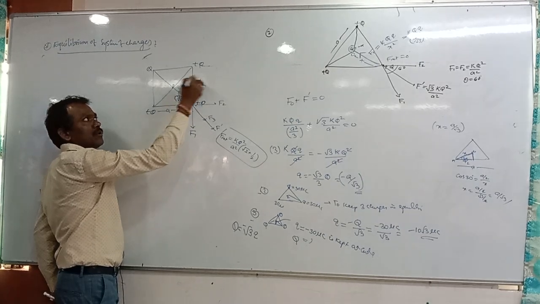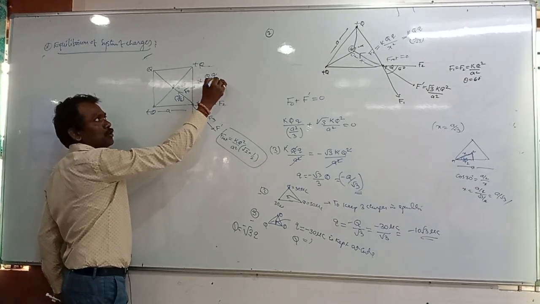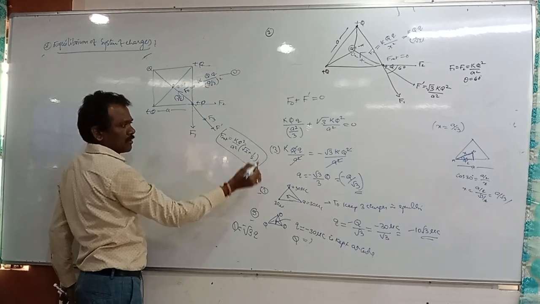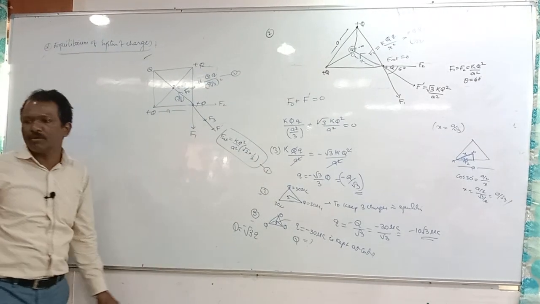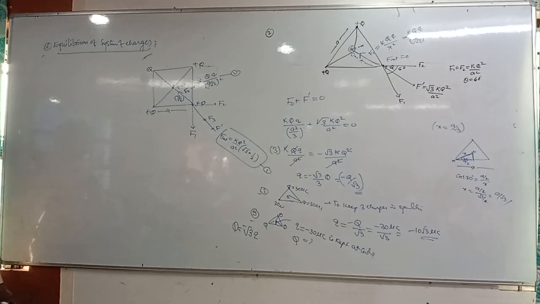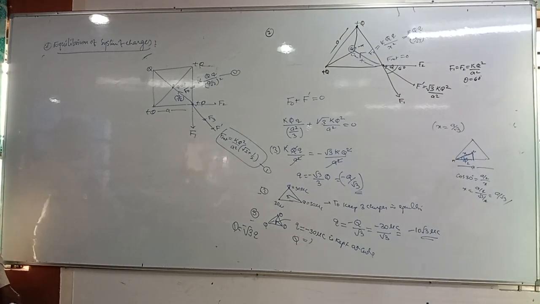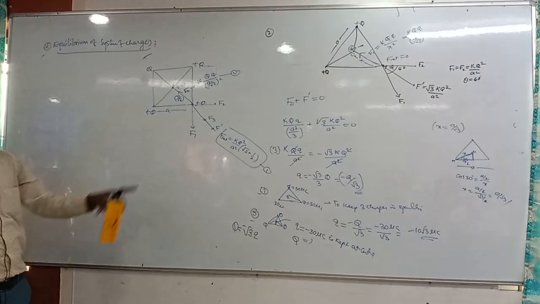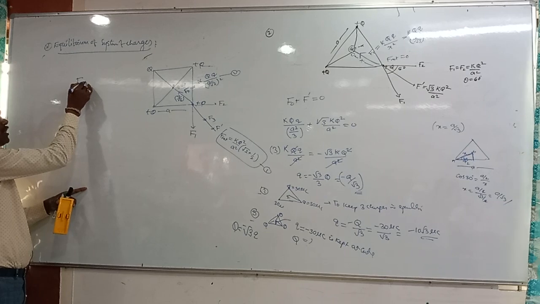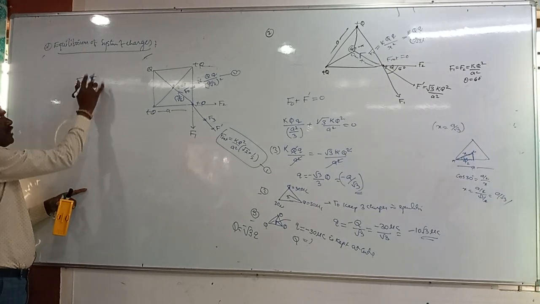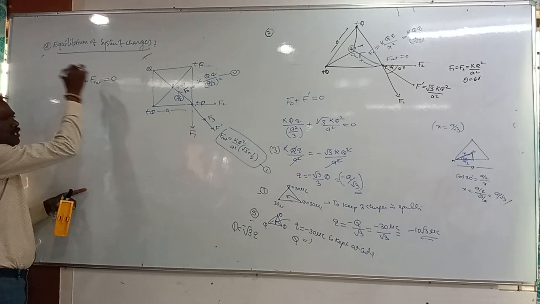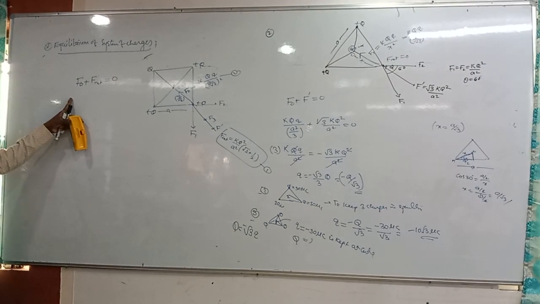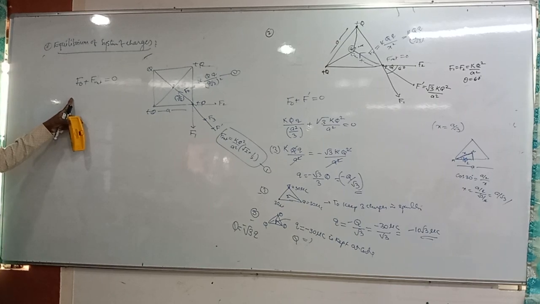K into Q into small q by A by root 2 whole square. Then calculate it now. Tell me the answer for the Q value. Similar to that, the sum of F naught and F dash, or F net, is equal to 0 here. Substitute in that and find the Q value.